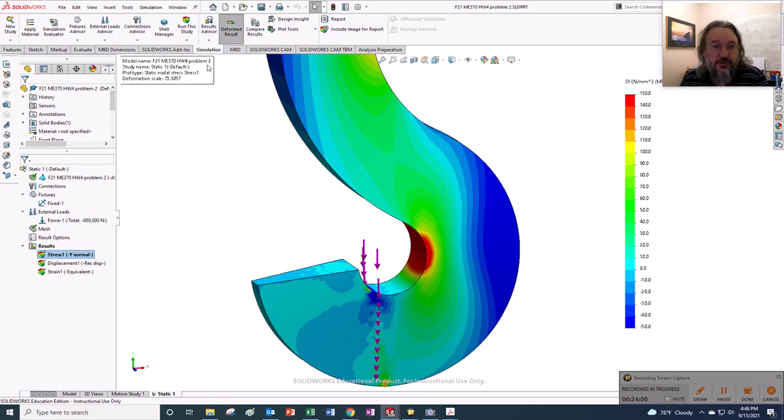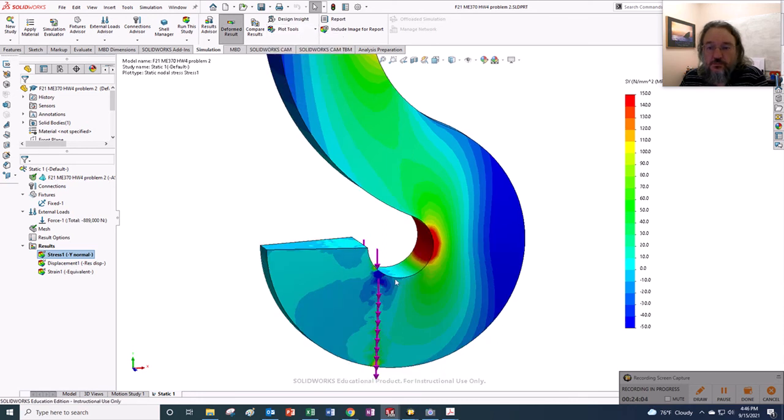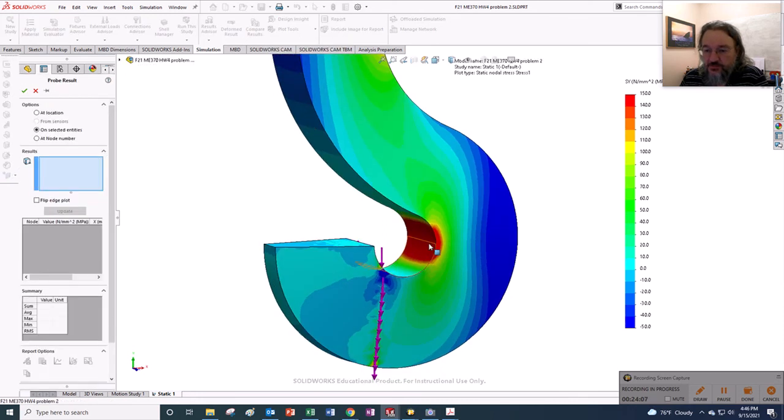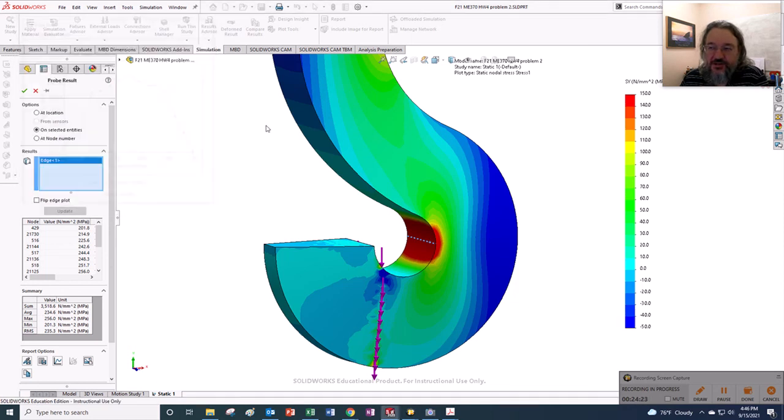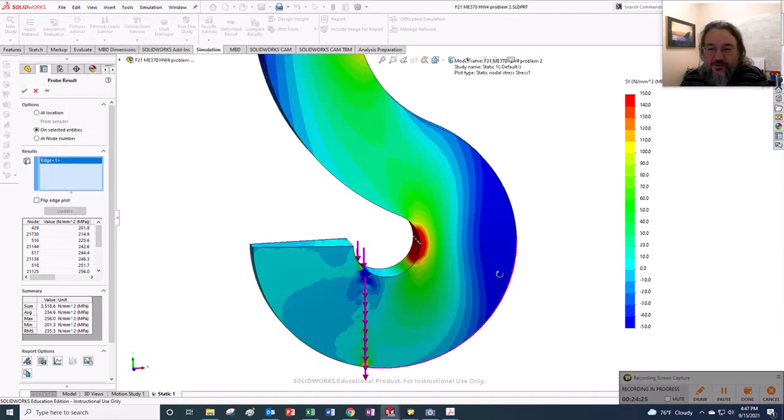If I go through and look at the edge right here, and I'll just plot it, you can see that's true right over here in the corners, but it actually goes a lot higher here in the center. It's probably because the load is so large, right? So it's not evenly distributed across the whole thing.